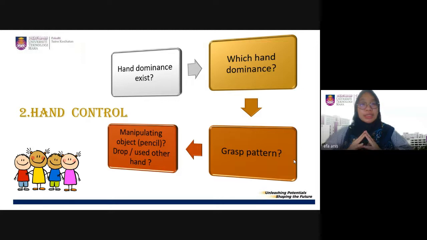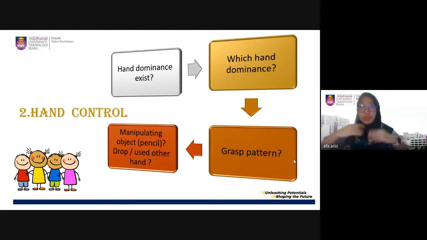Okay, second item kita akan tengok hand control. Hand control ni is the second item yang kita tak ada like mark yes or no, it's just purely on kita punya sensitivity of the observations. So for the hand control, kita tengok kepada hand dominance, kita tengok pada hand dominance tu wujud tak, laterality, hand preference, and also kita nak tengok tangan mana yang dominance, lepas tu kita nak tengok dia punya grasp pattern, and all these three kita nak tengok secara consistent, barulah budak tu kita kata oh he is almost like prepare untuk menulis.